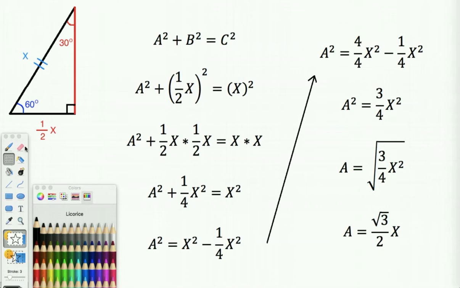Okay, so we know that our long side has length x. Our bottom side here is 1/2 x. But we don't actually know how long this height is. In order to find this height, we're going to use the Pythagorean theorem, a squared plus b squared equals c squared.